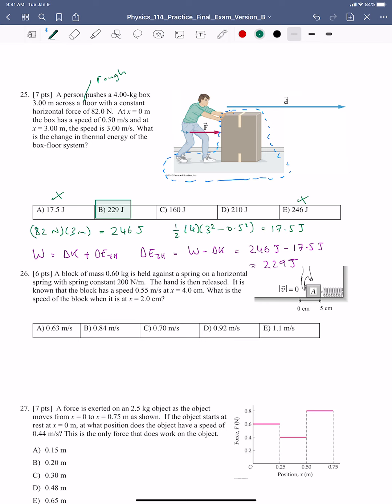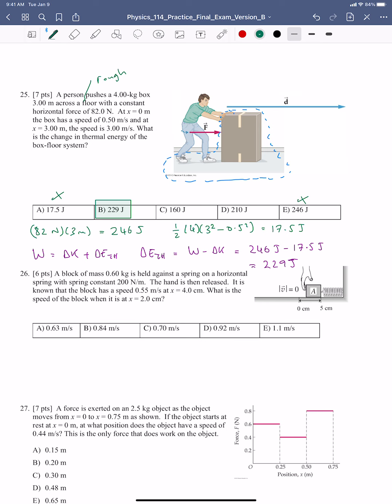A block of mass 0.6 kilograms is held against a horizontal spring with spring constant 200 newtons per meter. The hand is then released. It is known that the block has a speed of 0.5 meters per second at x equals 4 centimeters. What is the speed of the block when it is at x equals 2 centimeters?